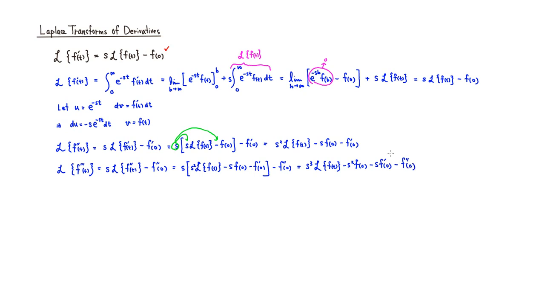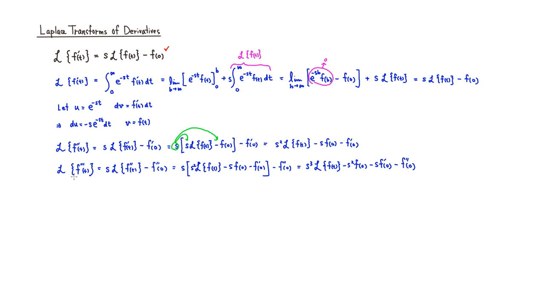We're beginning to see the pattern. For a third derivative, start from s cubed, then s squared, s to the first, and 1, then you have the Laplace transform of f of t, then f of 0, f prime of 0, f double prime of 0.